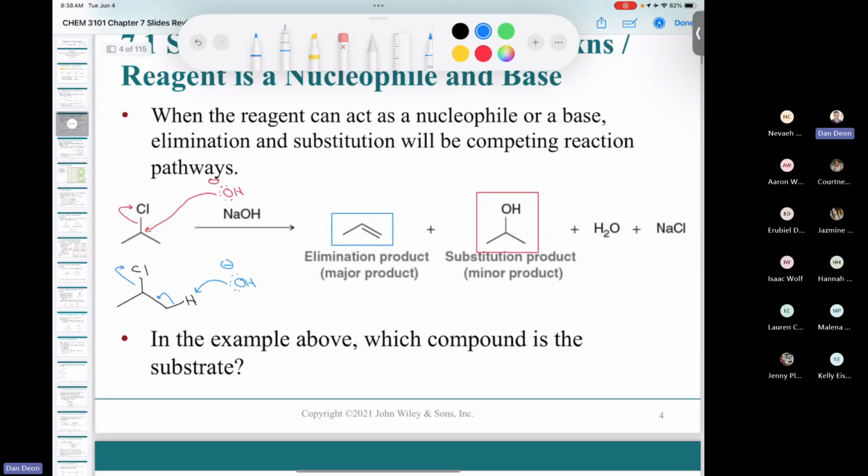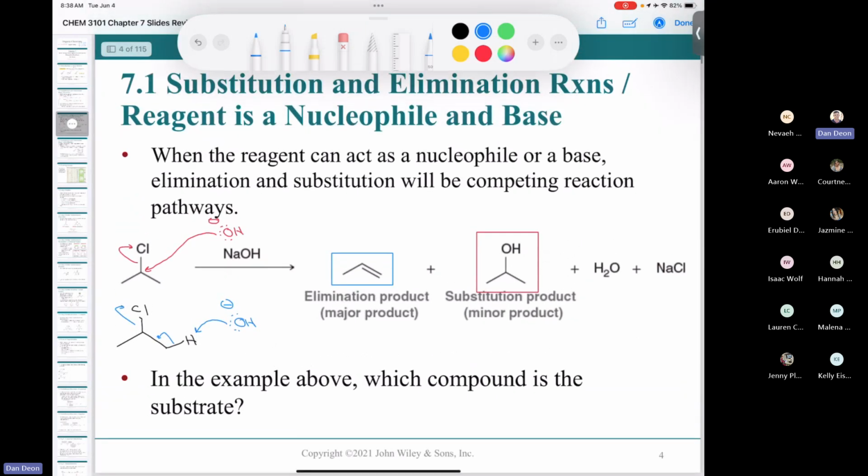Now you see that it actually tells us on this slide that the elimination product in this particular reaction happens to be the major product, and the substitution product happens to be the minor product in this particular case. And it says here in the example above, which compound is the substrate?